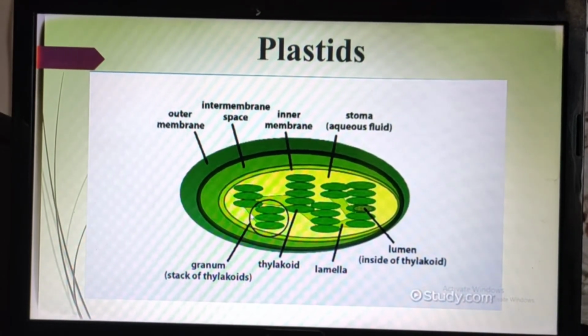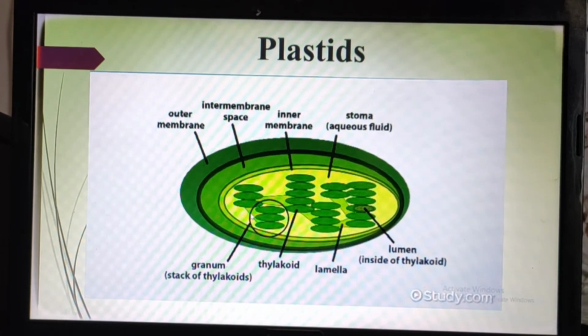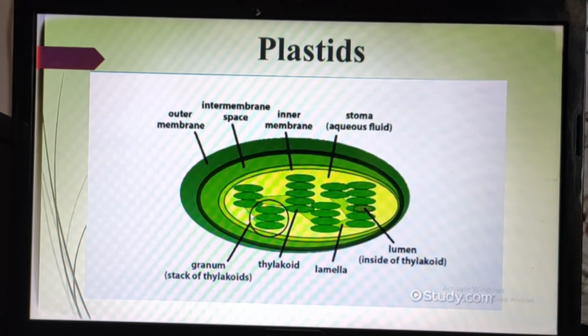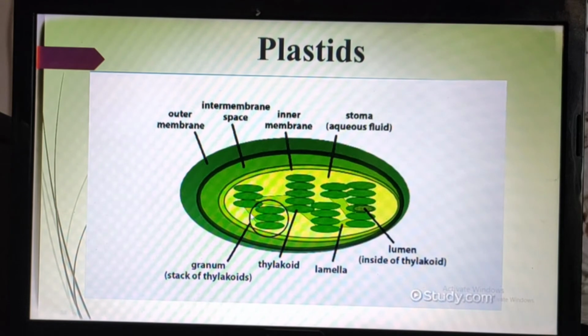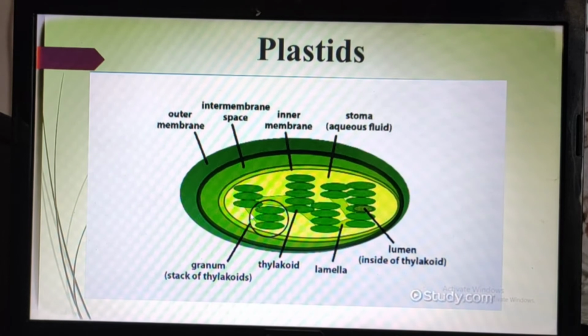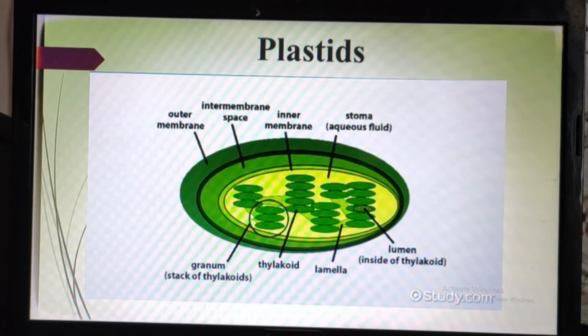Here some new words are added, and I will tell you all of them in a descriptive manner. Basically, this also consists of DNA, RNA, all types of ribosomes, etc. But this is very large in size. That's why it can be observed under a light microscope.